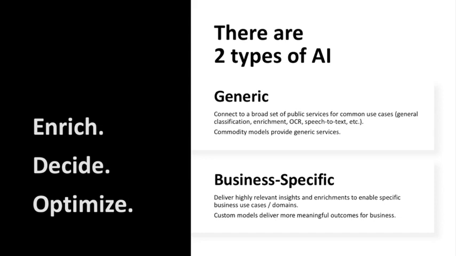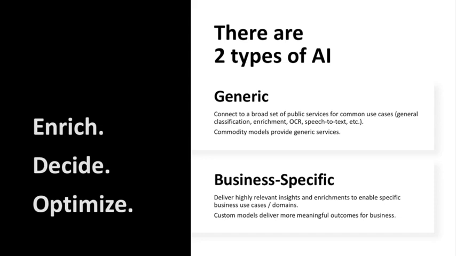They're commodity models that provide a generic service, things like general classification, speech to text, and so forth. And then there's the business specific, which delivers highly relevant insights and enrichments that are specific to your business case, your business domains, your customer domains. These are built using custom AI and machine learning models to deliver more meaningful outcomes for the business.